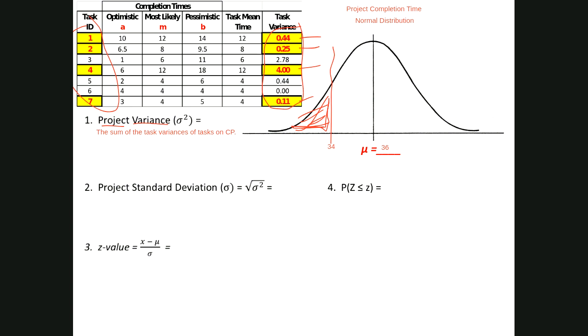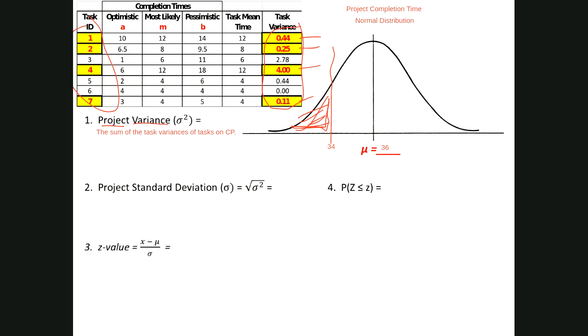So those variances are 0.44 plus 0.25 plus 4 plus 0.11. When you do this addition, the variance is 4.80.